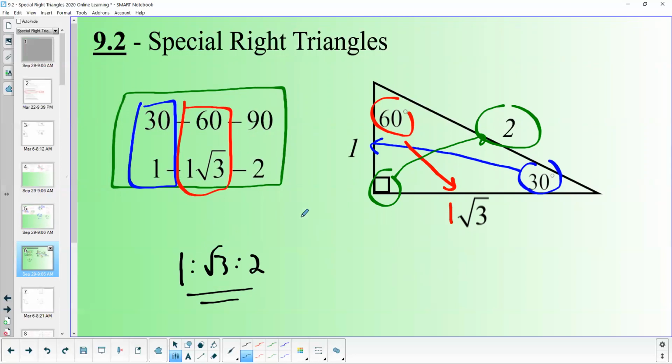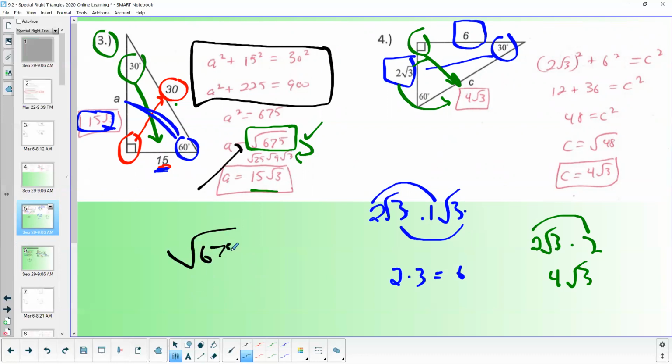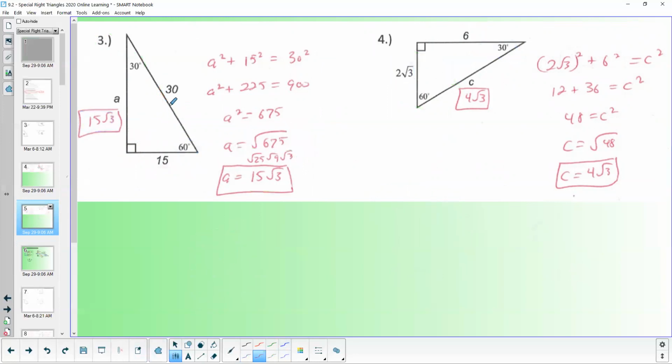And so what this will allow us to do is save us the trouble of having to do the Pythagorean theorem on every single problem we do, especially here when you've got the square root of 675. I don't want to have to do the square root of 675 or larger radicals like that. I want to be able to just use the pattern, which is what we will end up doing moving forward.